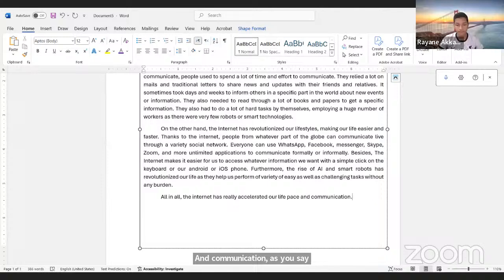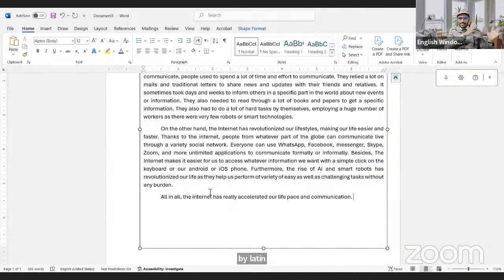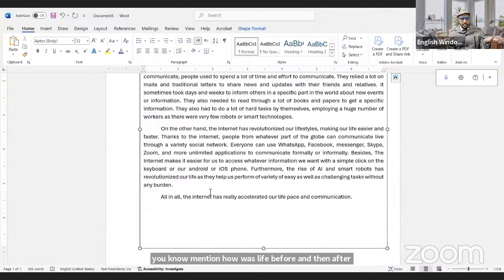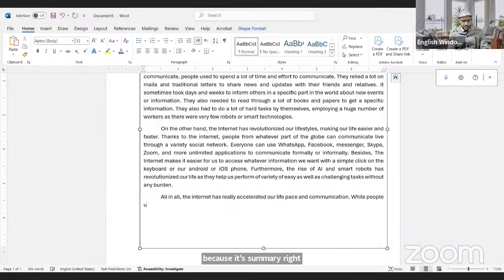By letting us mention how life was before and then after, because it's a summary. Why did people use it, right?